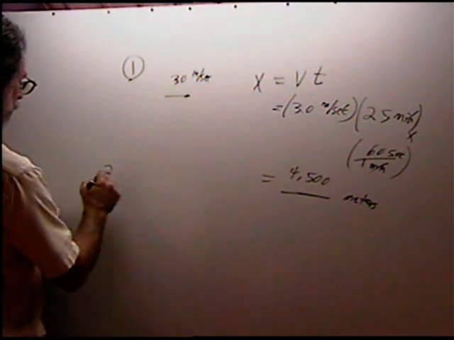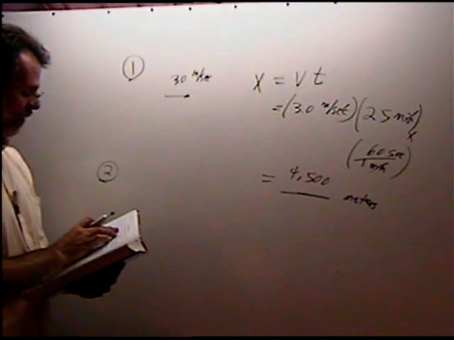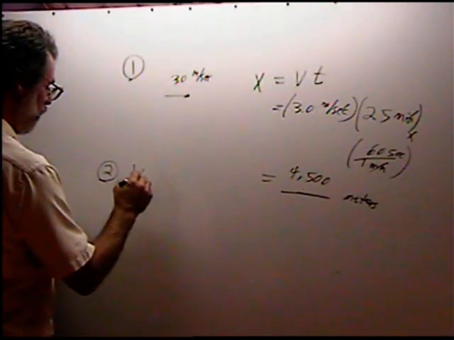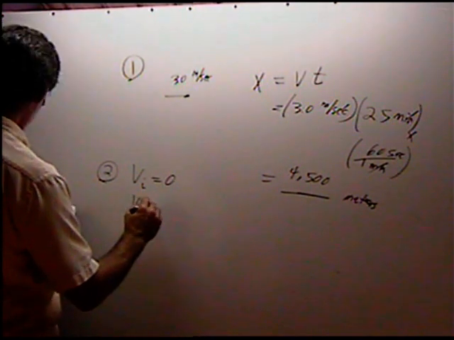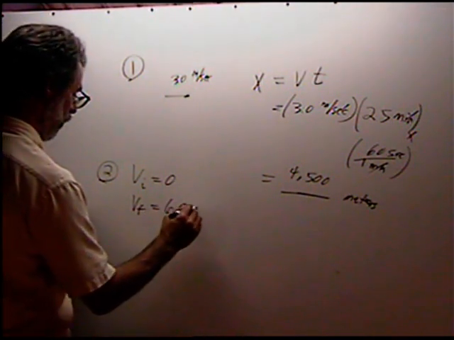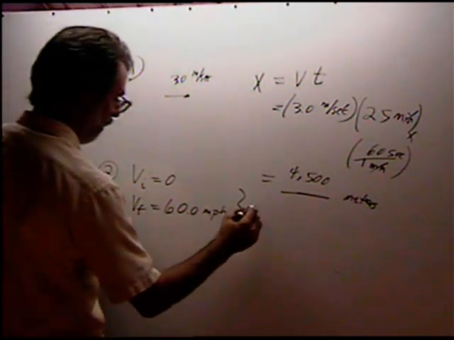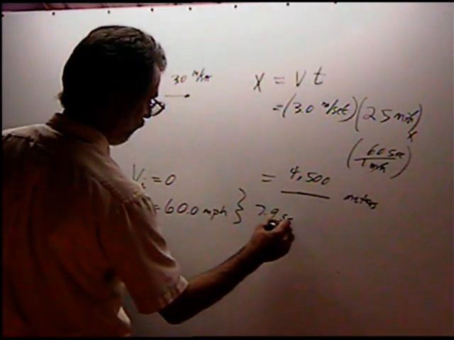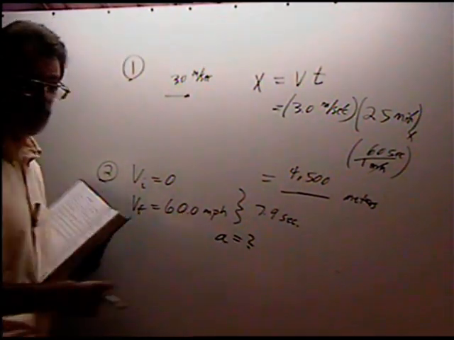Okay, number 2, likewise, is quite easy. A BMW accelerates from an initial velocity of 0 to a final velocity of 60.0 miles per hour, and it does that in 7.9 seconds. The question is, what is the acceleration?